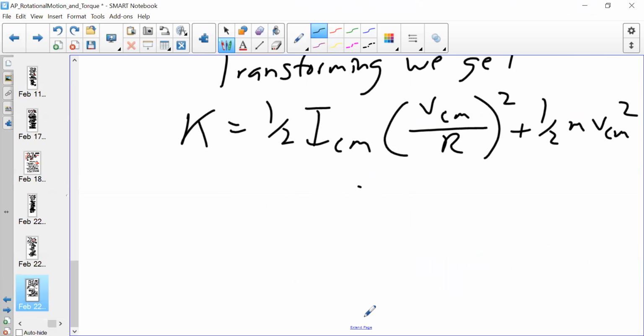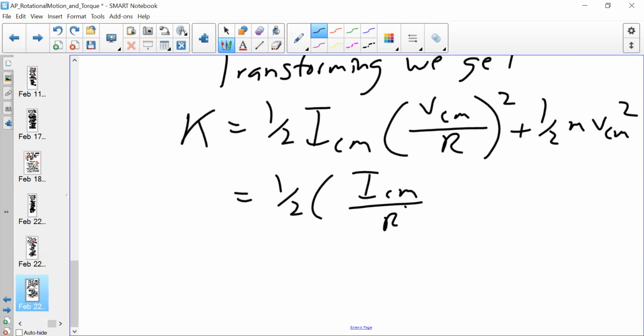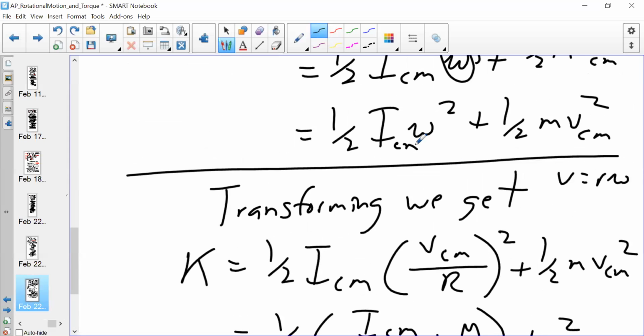If we factor all the terms, you don't have to do all that. It's just another way of writing the same thing as before: 1/2 a moment of inertia times omega squared.